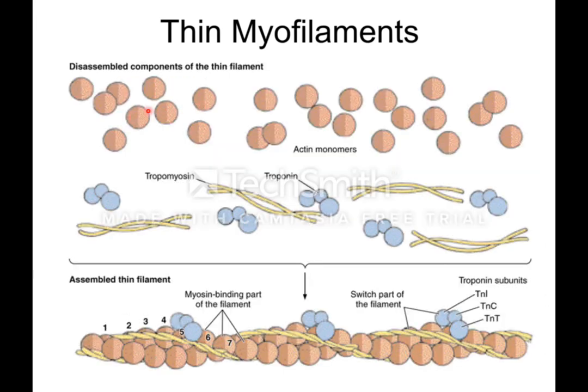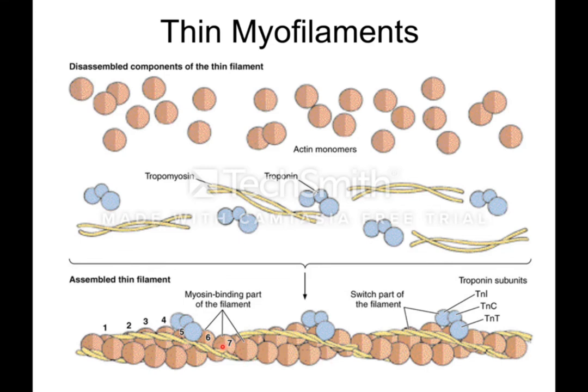As I said in the last slide, in the normal condition in the cell there are actin monomers, but in the sarcomere they should form the actin myofilaments, which bind together by binding to the tropomyosin double peptide chain and form the fibrillary actin.